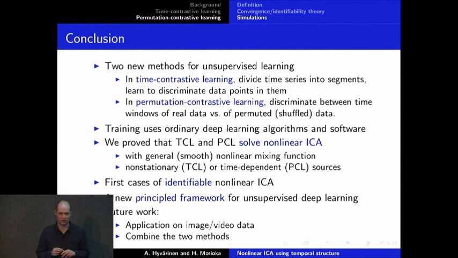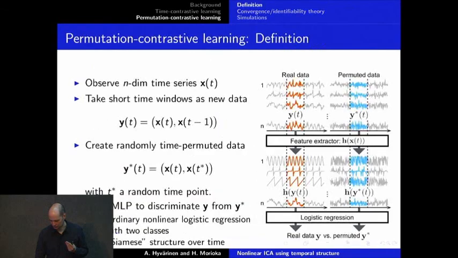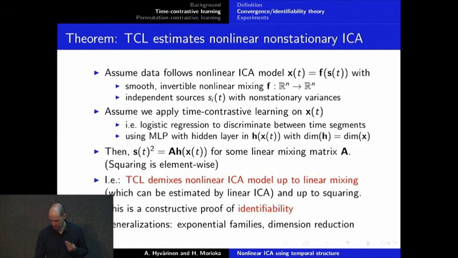In the case of TCL, we actually have a theory that talks about the dimension reduction, showing how it makes sense to have a smaller number of units in the hidden layer than the number of observed variables. A similar theory might perhaps be developed for PCL, the other method. I just didn't do it. It never occurred to me that maybe I should.